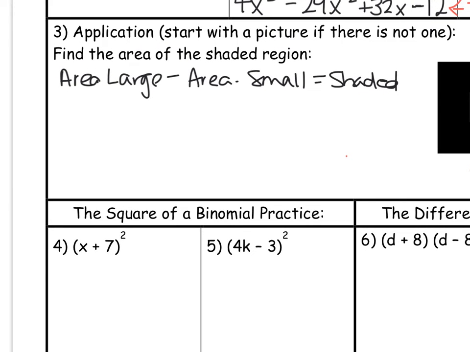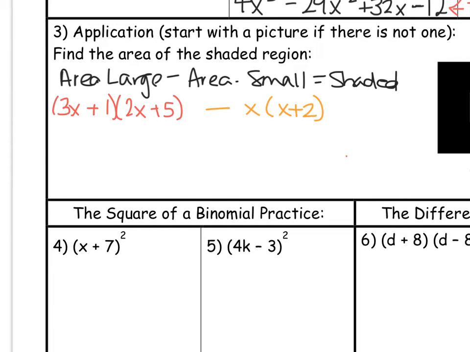For the large rectangle, we are multiplying the length times the width, so it's 3x plus 1 times the quantity 2x plus 5. And for the small rectangle, we are multiplying x times x plus 2.